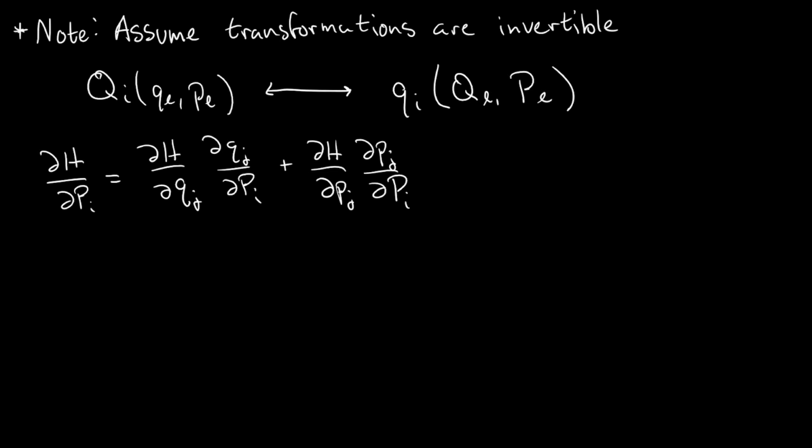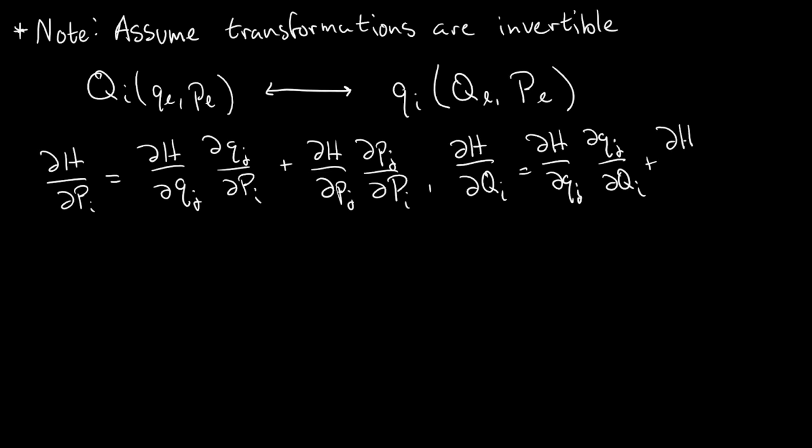I'll try to distinguish my lowercase and capital P's as much as possible. And then we get a similar thing for dH dQ sub I: dH dq sub j, dq sub j dQ sub I, plus dH dp sub j, dp sub j dQ sub I.